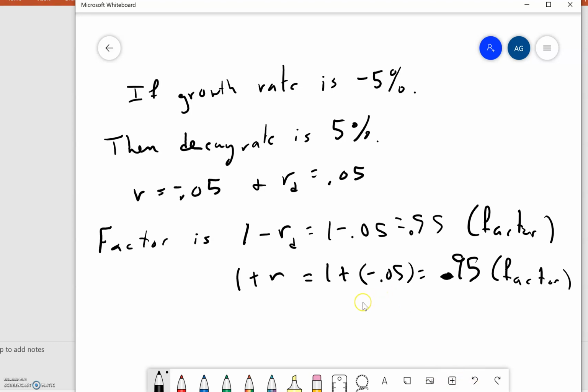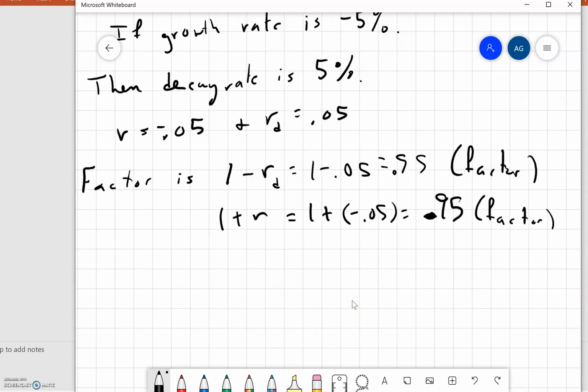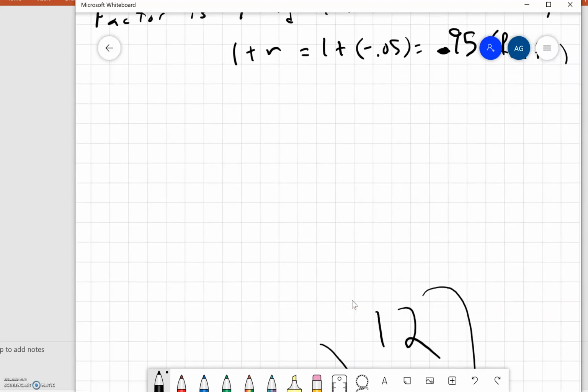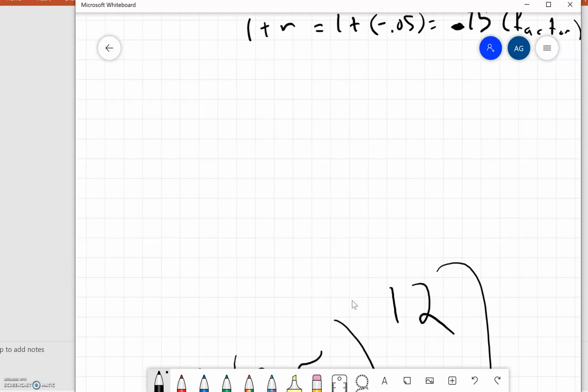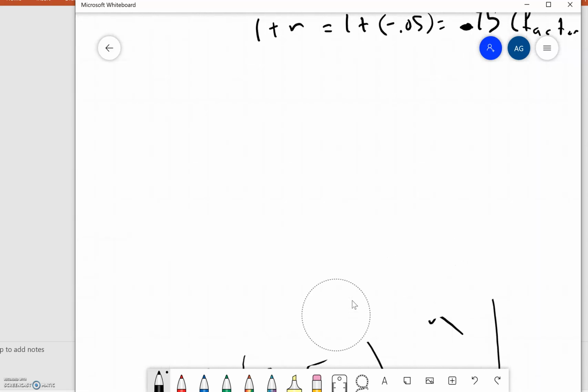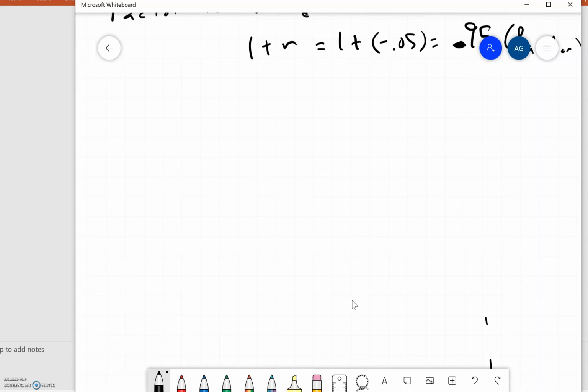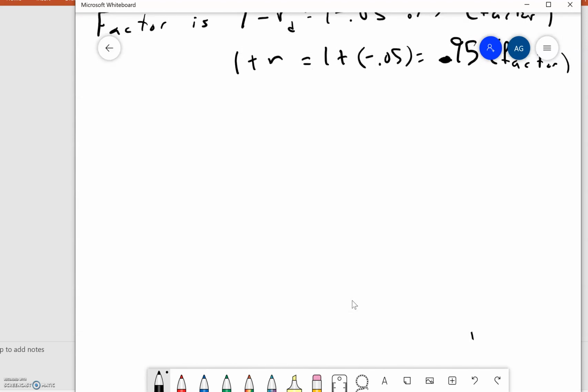One way to drive this point home is this: I could say that we have a negative decay rate, and that would be positive growth. But that's very confusing.